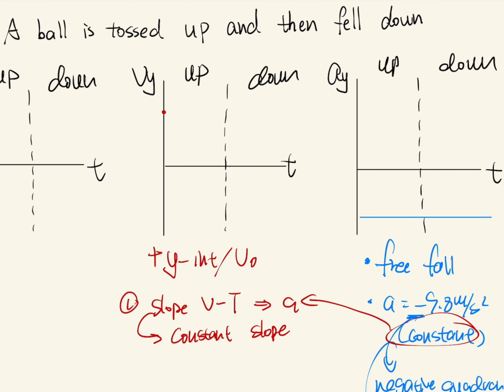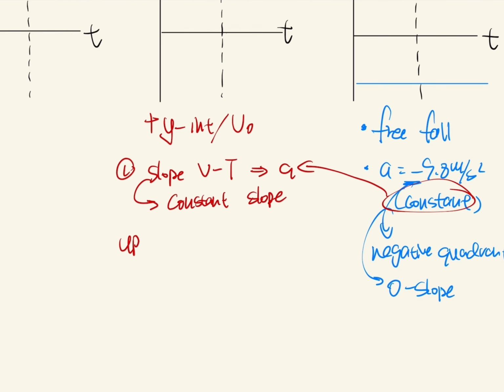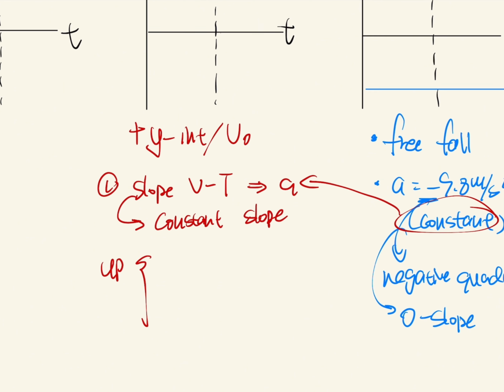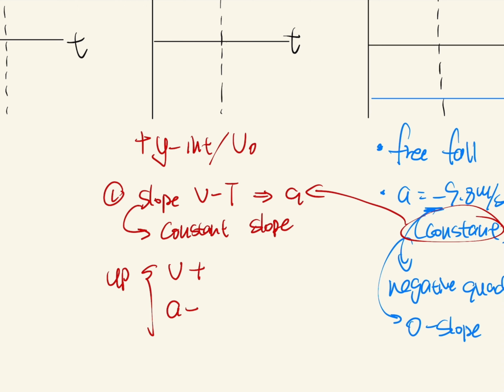And we know that originally when it's going up, the velocity is positive and the acceleration is always negative. The velocity and acceleration are going in opposite directions.